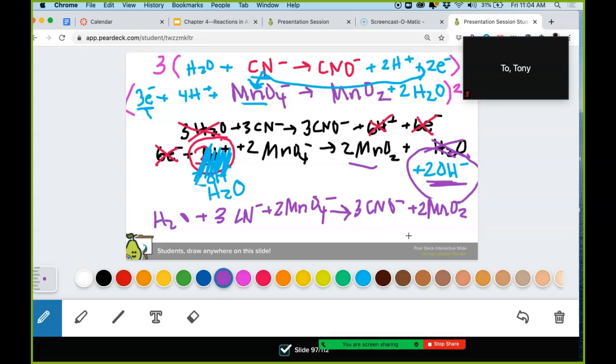And don't forget the 2 hydroxides. This is what now makes my solution basic. There's no H plus ions anymore. They've been neutralized and turned into water, and there's excess hydroxide. This is what is making it basic. So again, the problem is identical to an acid problem until the very end where you introduce hydroxide ions.